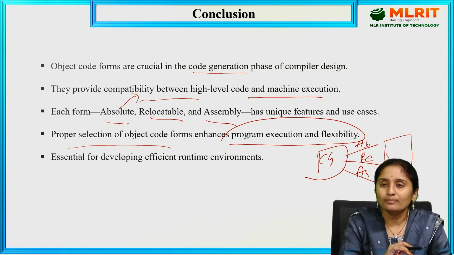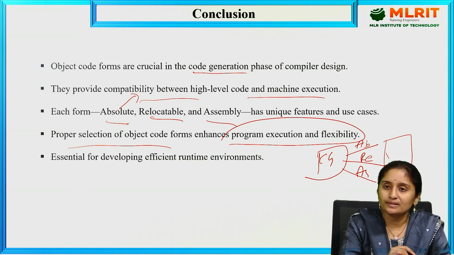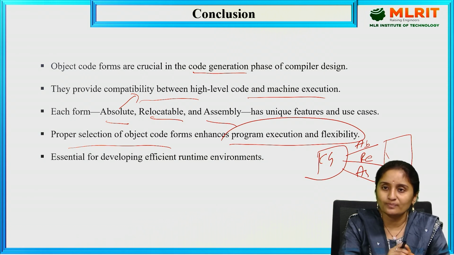So here we have discussed what object code form is, in which phase it comes, and what the forms of object code are: absolute machine code, relocatable machine code, and assembly language. We also discussed the comparison between them. Absolute machine code has fixed memory, no linking, and is mainly used in embedded systems.